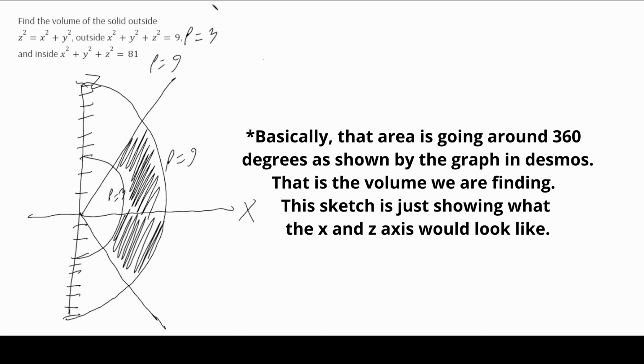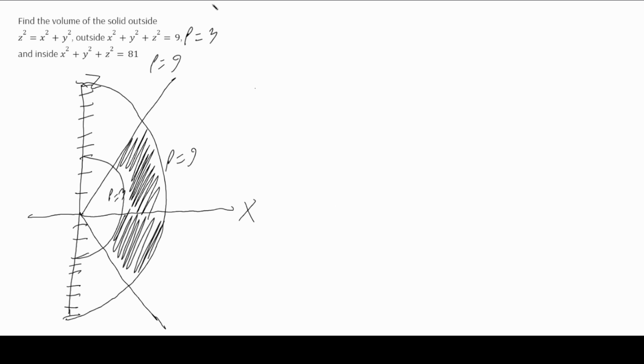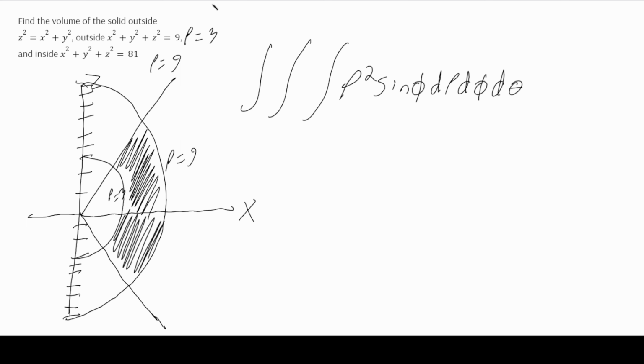So what we're going to do is set up a triple integral to find this volume. And obviously 1, and then rho squared sine phi d rho d phi d theta.